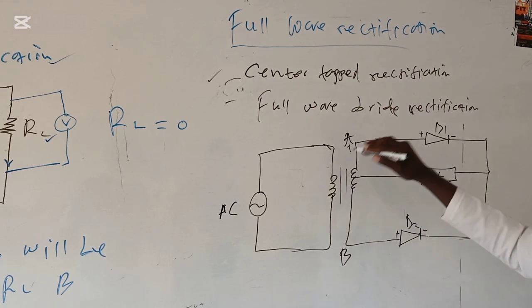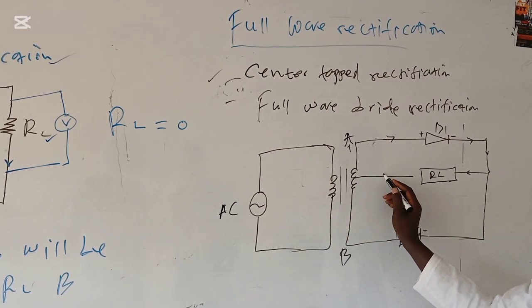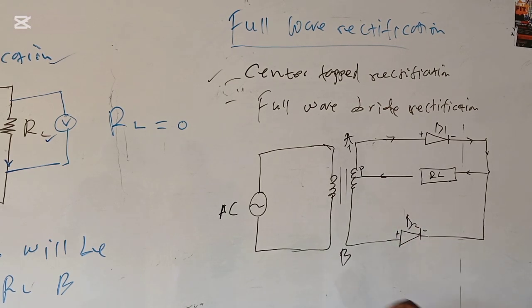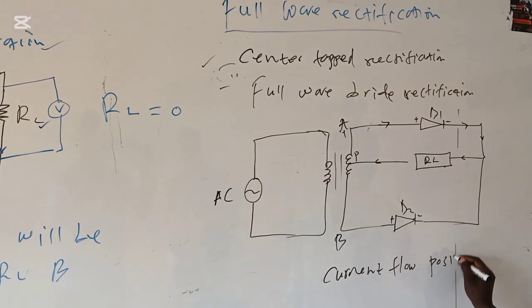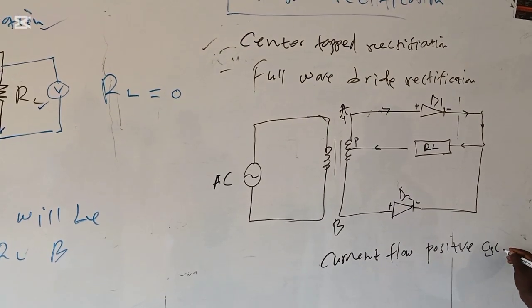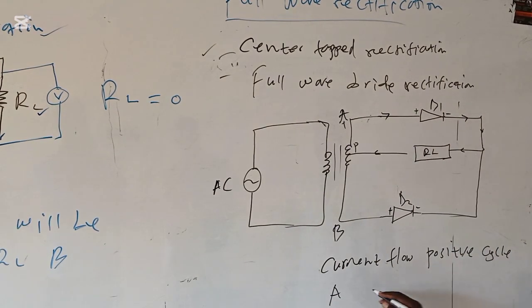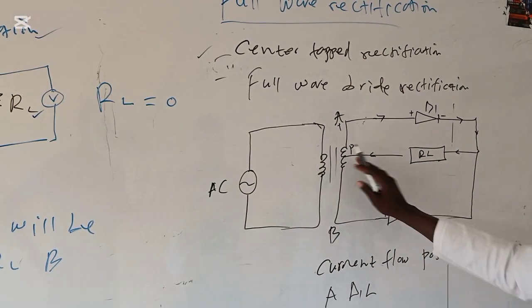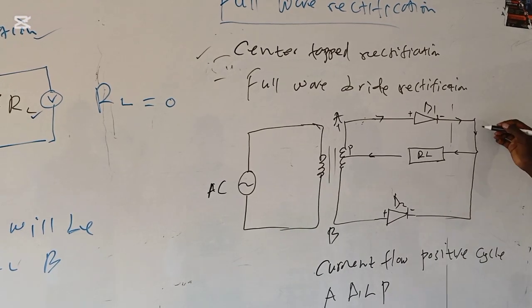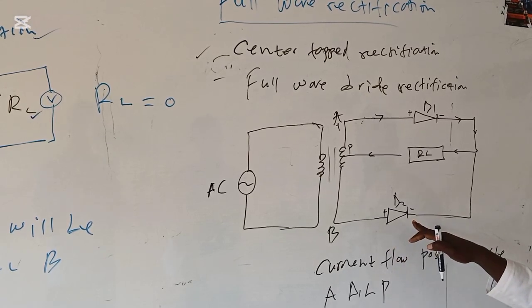The current flow will continue in that direction through our load resistor and back to the transformer at point P. During the positive cycle, the current flows from point A through our diode 1, then through our load resistor, then back to the transformer through point P. This current will not continue in the other direction because diode 2 is in reverse biasing.